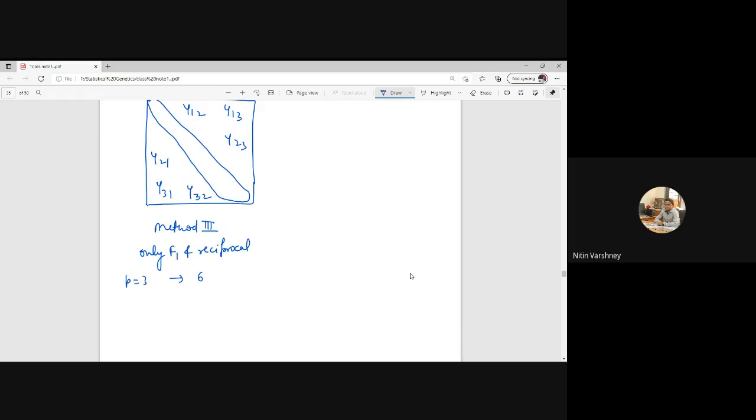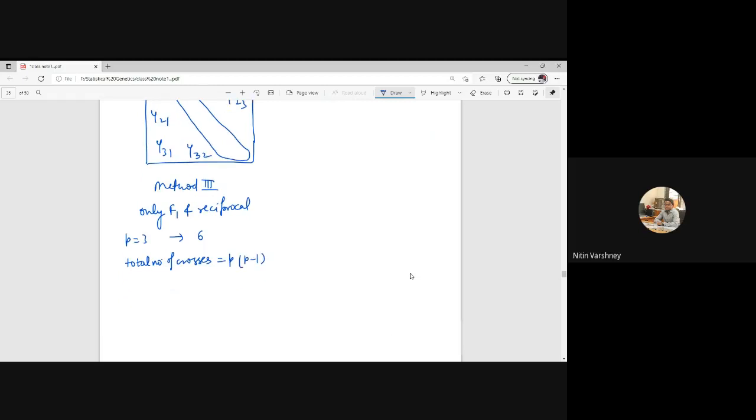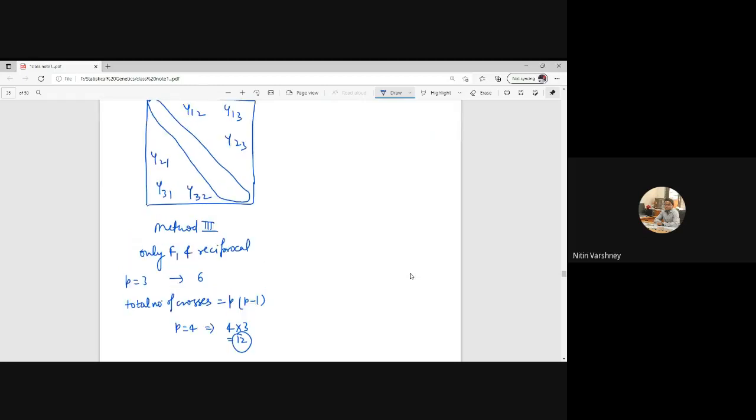But the formula is changed. So total number of crosses in method 3 is p into p minus 1. So here if p is equal to 4, the number of crosses will be 4 into 3, that is 12. Again we will see by a 4 by 4 matrix. 1, 2, 3.